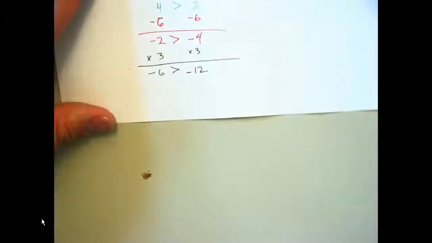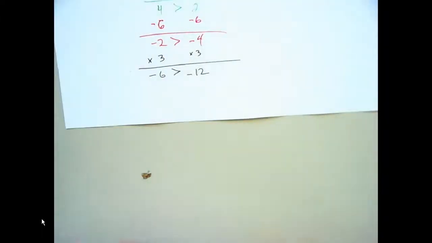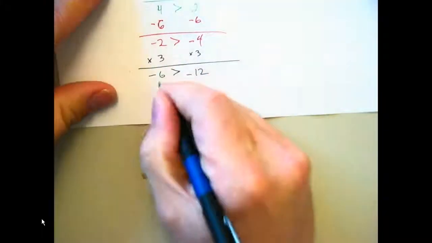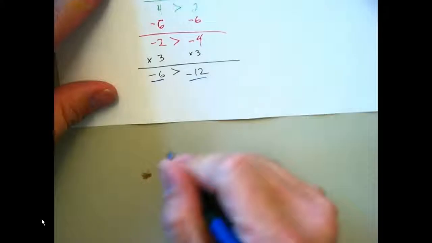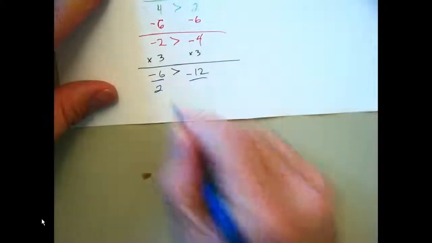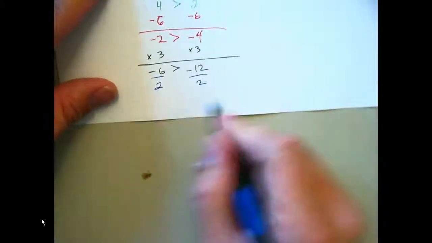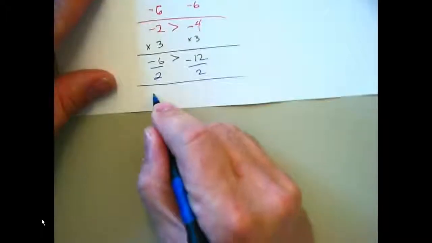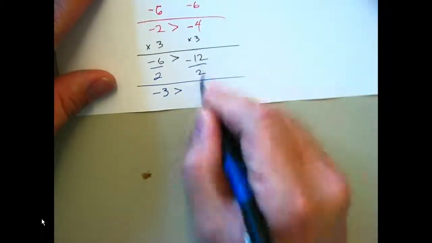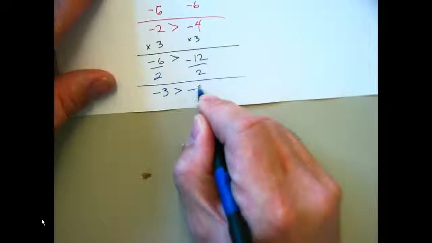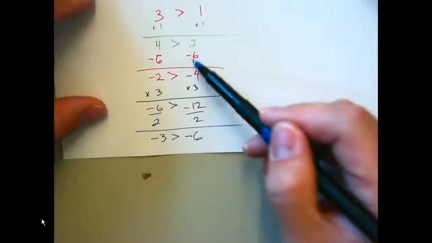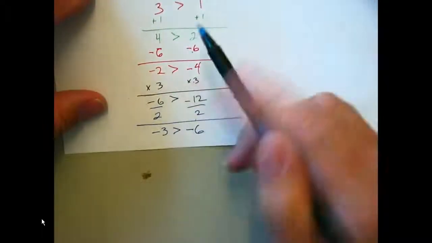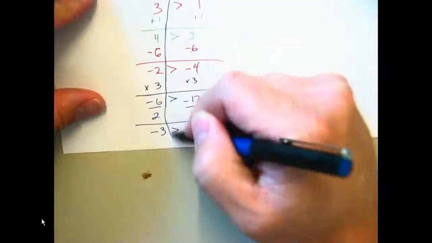Now let's divide that by, I don't know, 2. I end up with negative 3 is greater than negative 6. Still true? So we've shown that we can add, subtract, multiply, and divide, and the inequality symbol stays the same the whole way through.